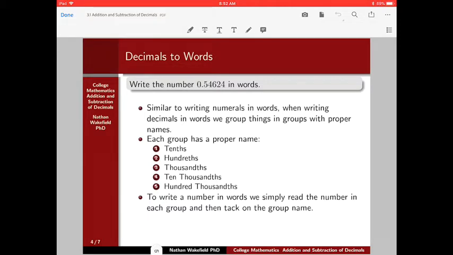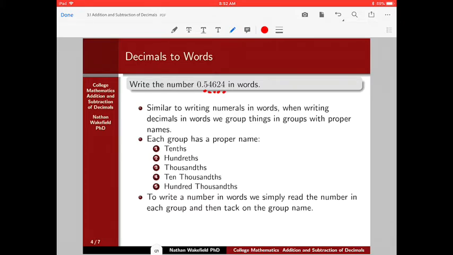And that allows us to be able to write this in words. So each position in a decimal has a place value. And those are the tenths, the hundredths, the thousandths, the ten-thousandths, and hundred-thousandths, and so on. We could continue this process.